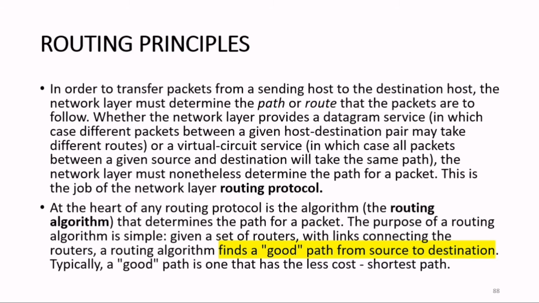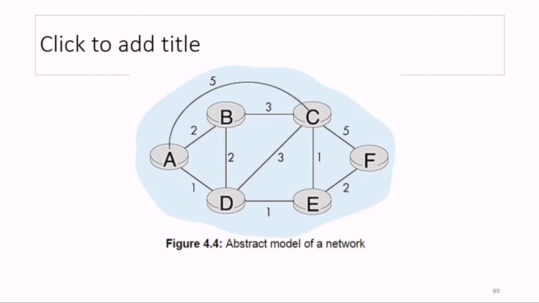The purpose of a routing algorithm is simple, which is to find a good path from source to destination. Typically, a good path is one that has the least cost or the shortest path. This is an example, or abstract model, of a network. The number here is the cost.